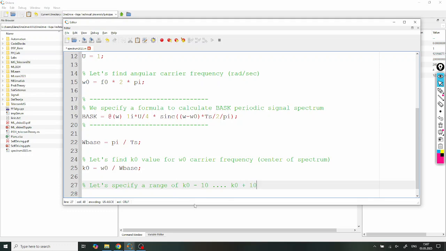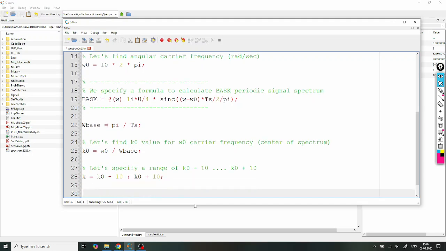So 20 harmonics, including center, so 21, 10 in the right side, 10 in the left side, and 1 in center. So that should provide some good spectrum for us to see. That will be K equal to K0 minus 10 starting point, K0 plus 10 ending point. And calculate the spectrum, BASK spectrum.